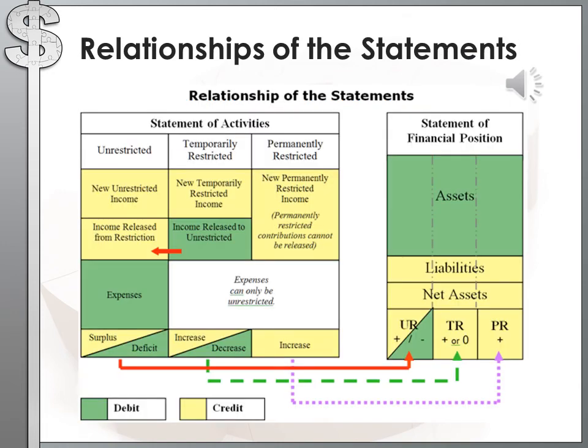Temporarily restricted net assets comprise contributions received or promised to the organization that carry a donor-imposed restriction as to when, a time restriction, or for what purpose, a purpose restriction, the funds can be used. Funds that are carried over to the subsequent fiscal year for either restriction are shown as temporarily restricted net assets.